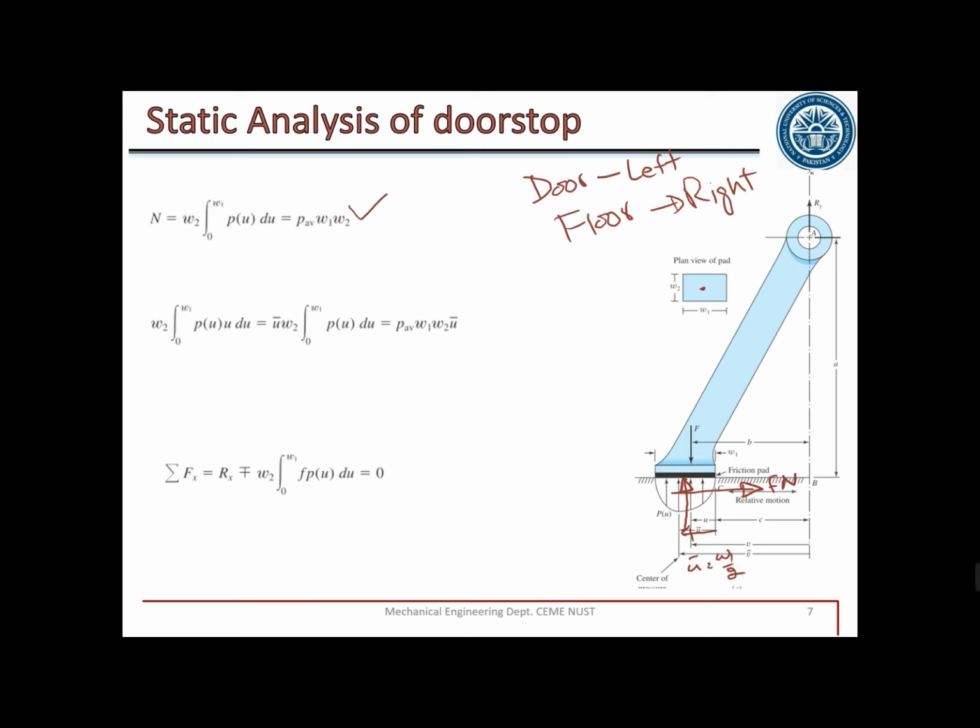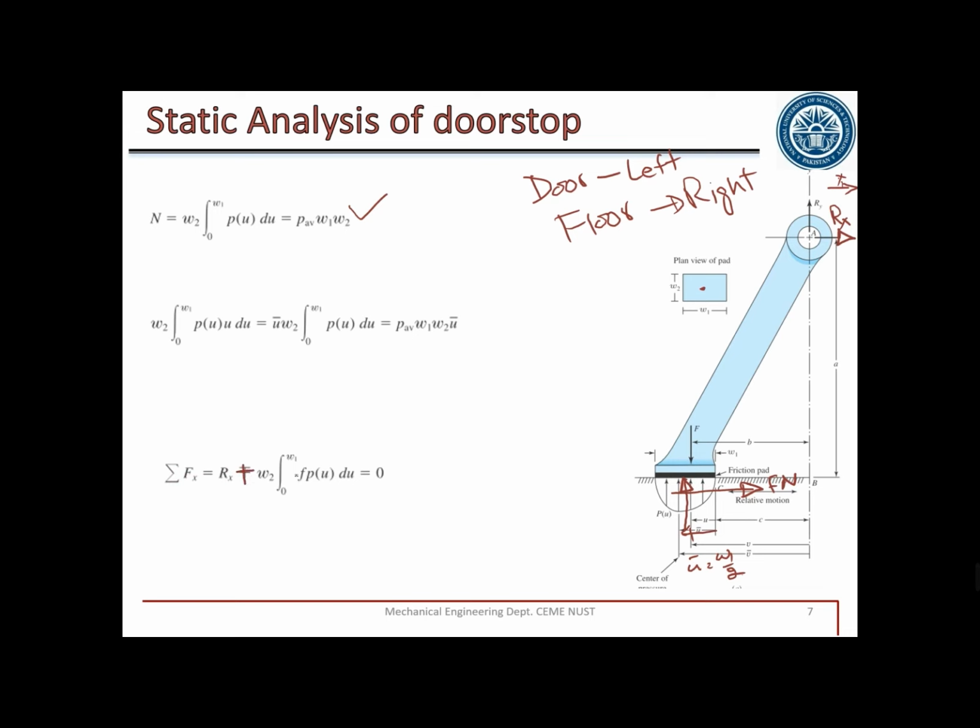So this is a frictional force, and there is a force here which is Rx, because this is our positive axis. If we take summation Fx equal to 0, both the directions are the same. So Rx plus, what is this?